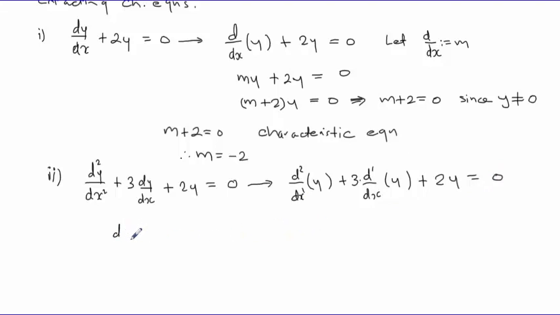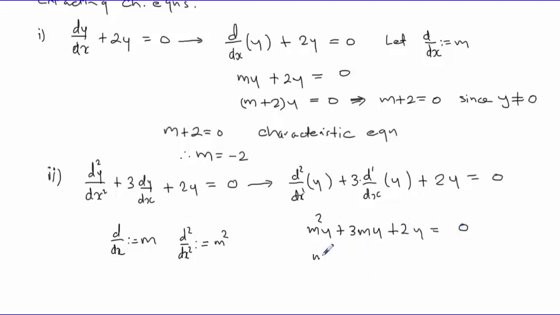If we take d/dx as m, now d2/dx2 will be taken as m squared. So we simply put m squared y plus 3my plus 2y equals 0.